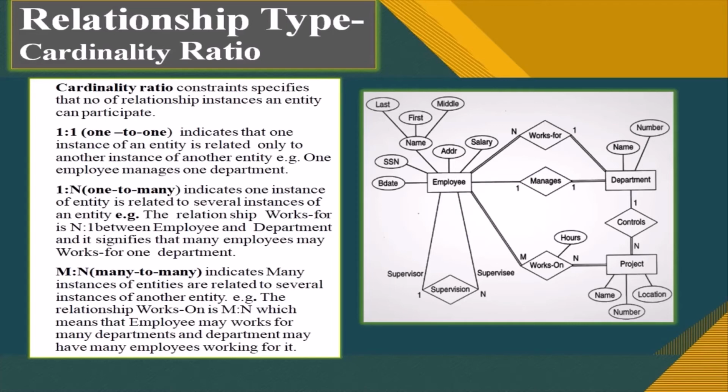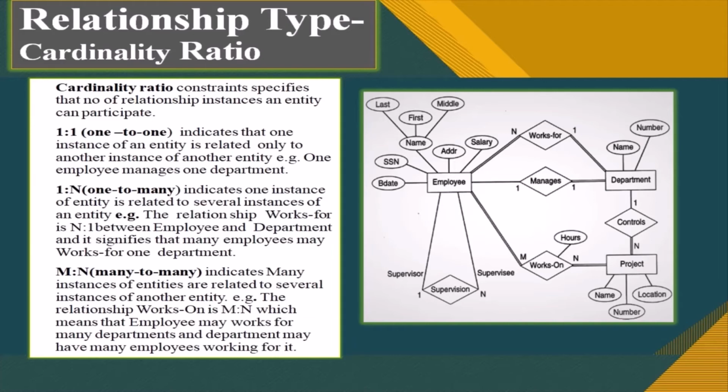One to many indicates one instance of an entity is related to several instances of another entity. For example, the relationship works for is many to one between employee and department, and it signifies that many employees may work for one department.